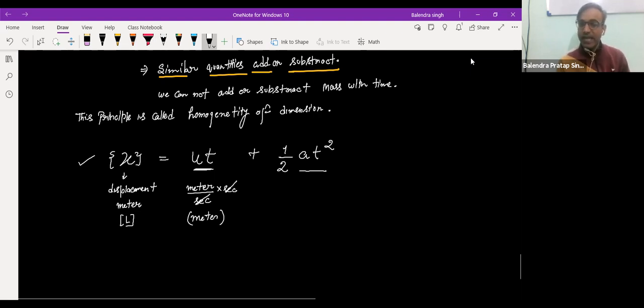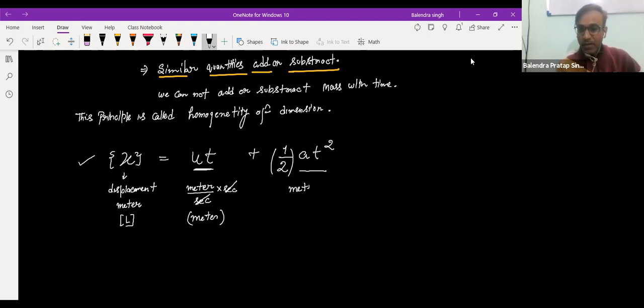Next, at square. In the unit system we don't consider the constant. Here a is acceleration, and the unit of acceleration is meter per second square, and the unit of t square is second square.